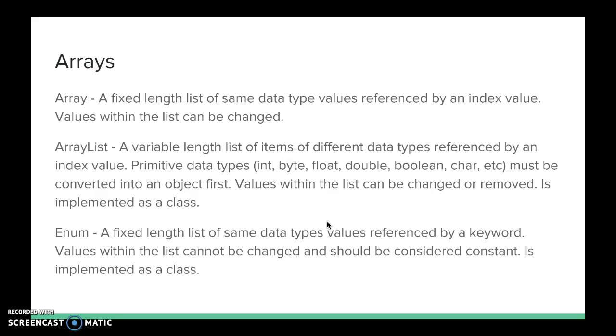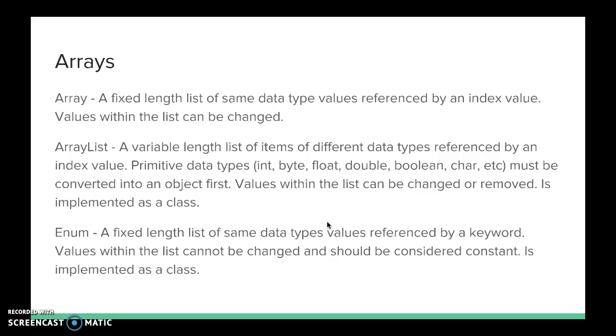Arrays will always start with an index value of 0. In this case, it's fixed, so you define your length and you are bound within that length limit. You can modify or update values within an array, but you can't remove values.